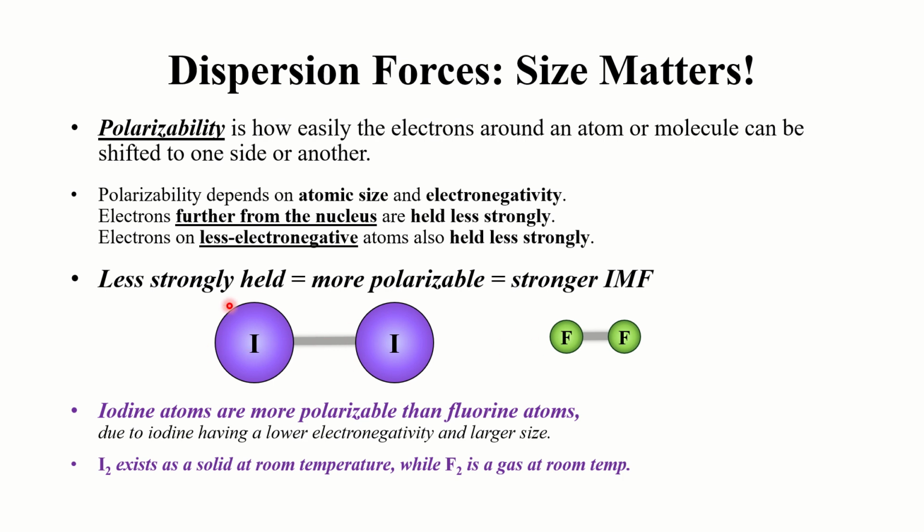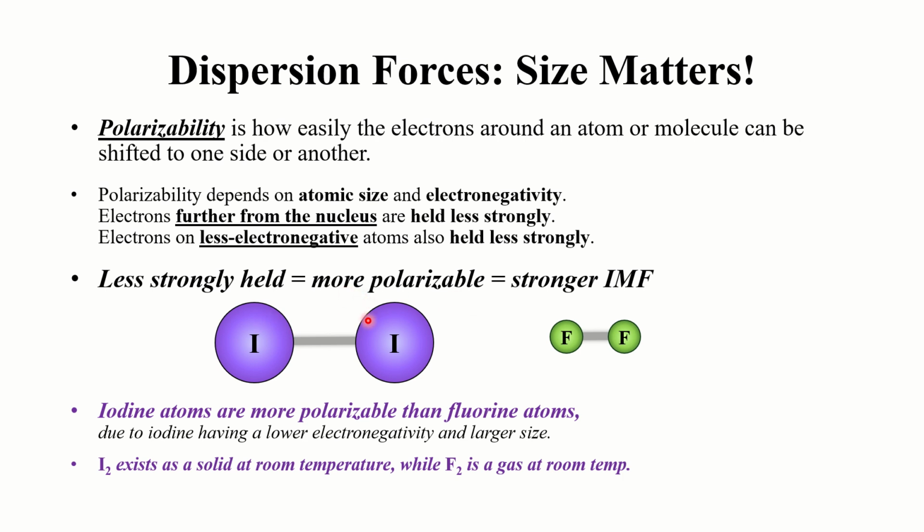So because of this, the electrons in these iodine atoms here are less strongly held. The atom is bigger and less electronegative. So the electrons in these iodine atoms surrounding their nuclei in the center are less strongly held, which means they are more polarizable. They can move from side to side, up and down, whichever direction. They can move more easily.